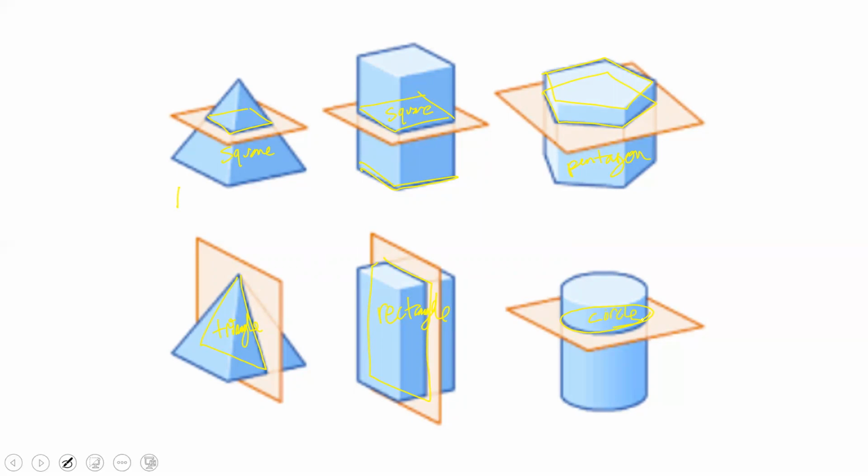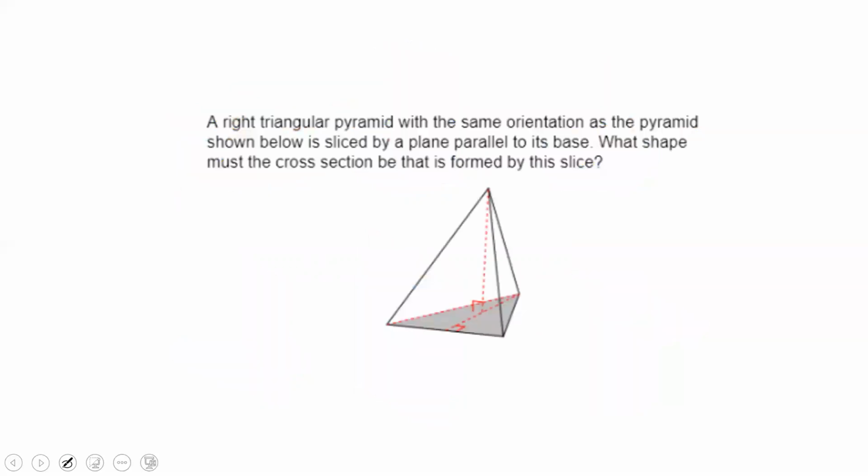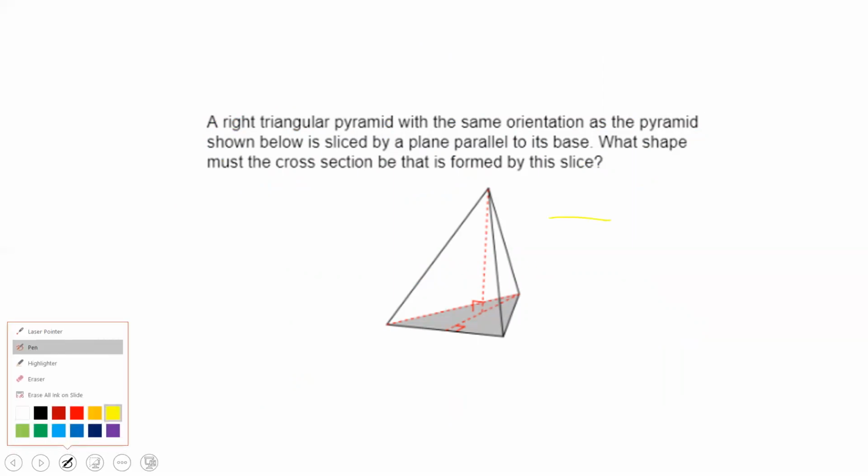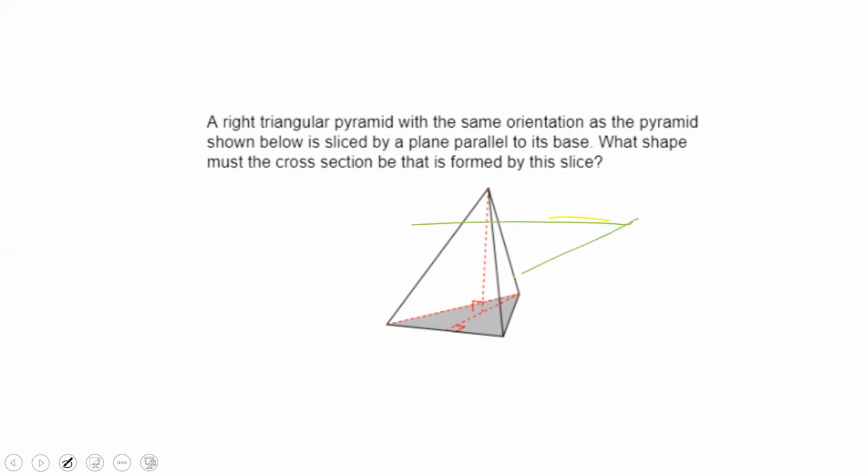So let's go ahead and do some exercises like this. It says the right triangular pyramid with the same orientation as the pyramid shown below is sliced by a plane parallel to its base. So the base is the bottom of it. So we've got, if I can draw this accurately, this plane out in space that's going to be cutting through this triangular prism.